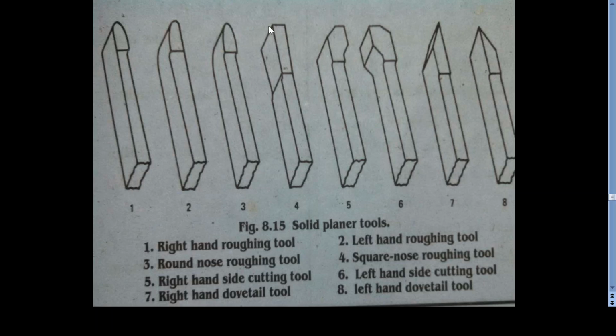This is for the right hand cutting tool with a sharp edge, and this is the left hand with a sharp edge. This is the knife edge with the right hand, and this is a dovetail tool, and this is the left hand dovetail, like a wedge shape. So this is about the planer.